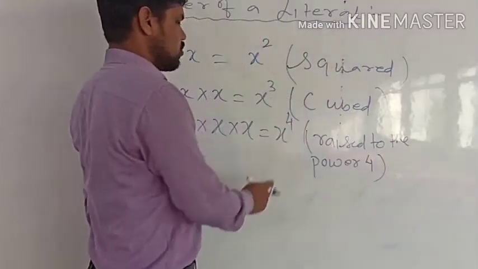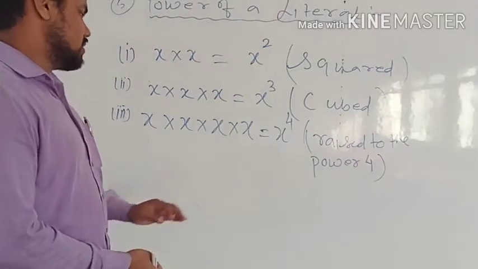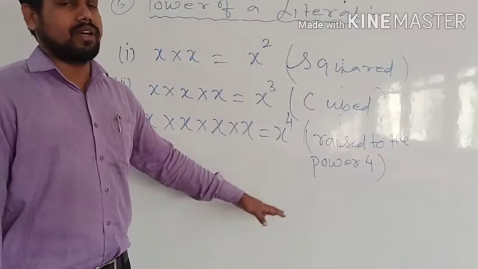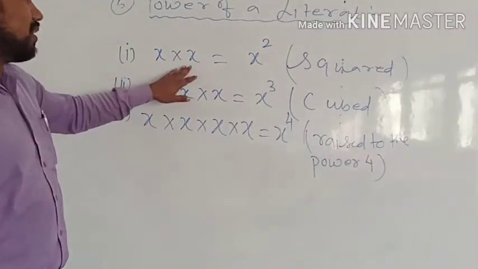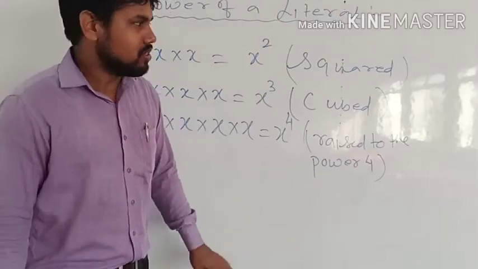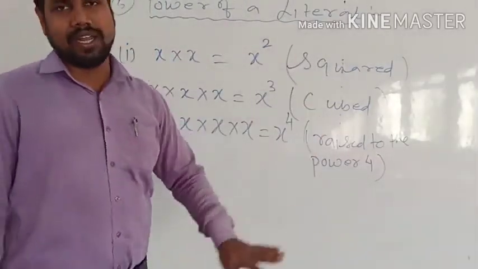So x raised to the power 4. x raised to the power 5, x raised to the power 6, x raised to the power 7. So as many x's as there are, that much is the power. Okay, so this is all about power of a letter.